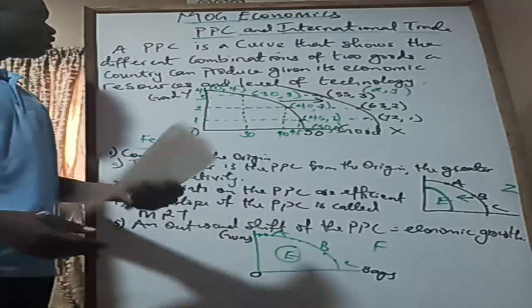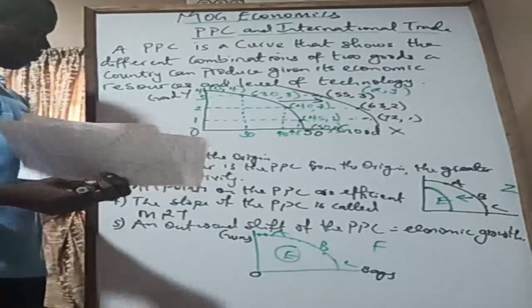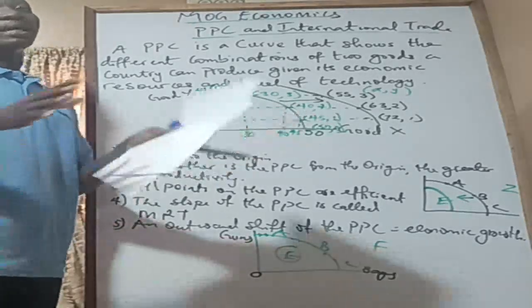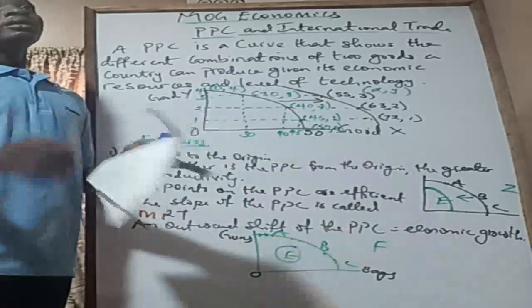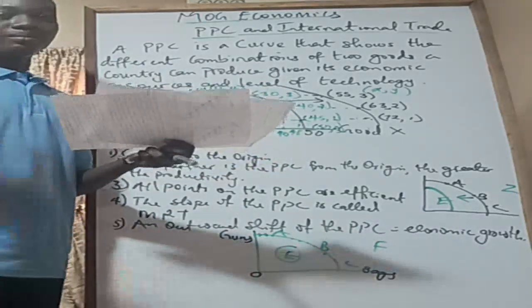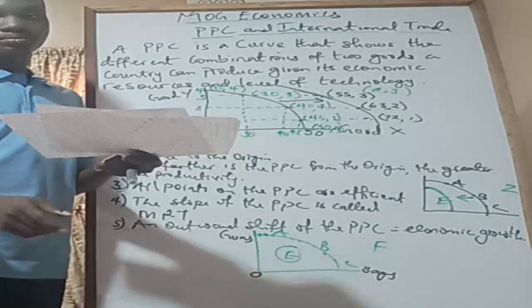Now let us explain the concept of opportunity cost. Opportunity cost is the expression of cost in terms of forgone alternatives. That's big grammar. Opportunity cost is just the next best alternative forgone.